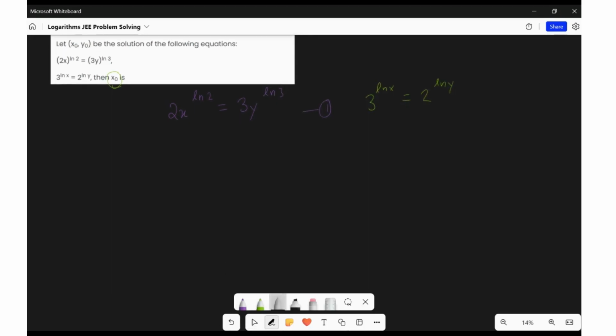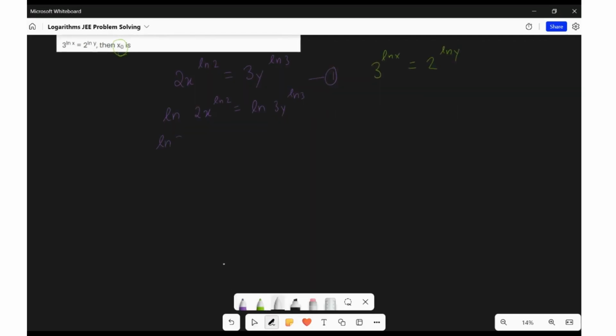For this, let's take ln on both sides for the first equation and the second equation as well. So ln of (2x) to the power ln 2 is ln of (3y) to the power ln 3. We can write this as ln 2 into ln 2x equals ln 3 into ln 3y, right?